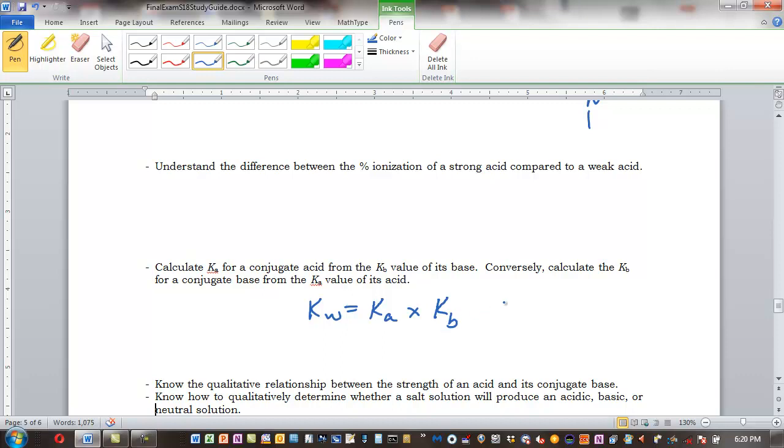So if we wanted to solve for Ka, okay, where you're going to see that most likely is probably for a salt solution or maybe for a buffer. You might have to calculate the Ka from the Kb or the Kb from the Ka. So make sure you can do that. That equation's on the equation sheet, so you don't have to memorize it, but you need to know how to use it.